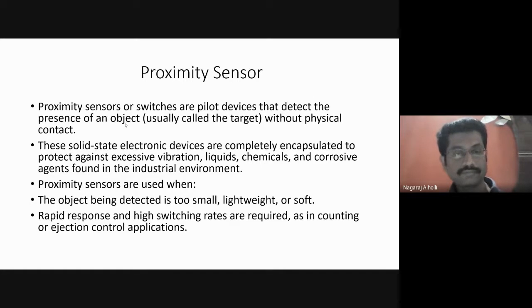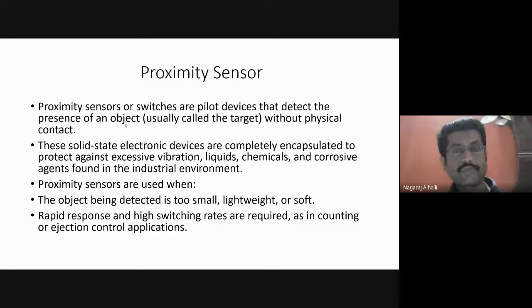Okay. High switching rates: the rate at which the sensor should switch between one object and the next object. For example, let us say we are using the proximity sensor for a bottle counting application. There it has to count the number of bottles.